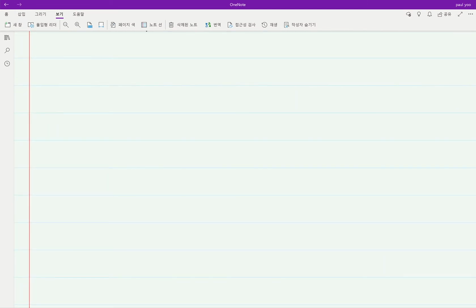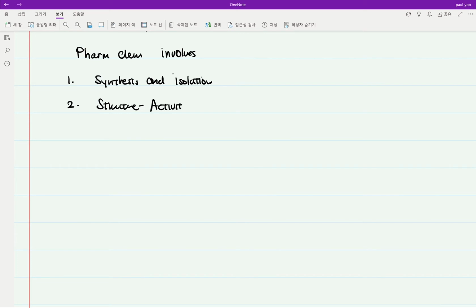Pharmaceutical chemistry involves 4 areas. PharmChem involves 1. Synthesis and isolation. 2. Structure, activity, relationships, and we abbreviate it as SAR. 3.